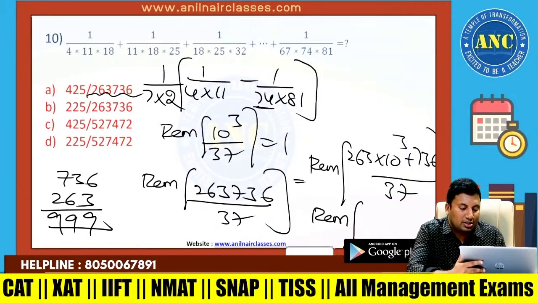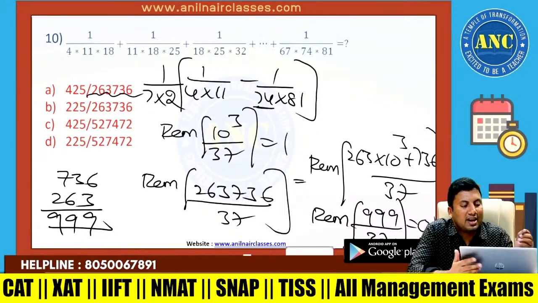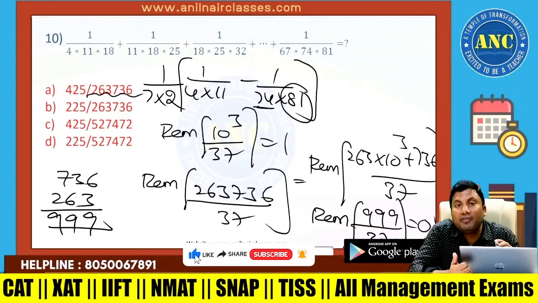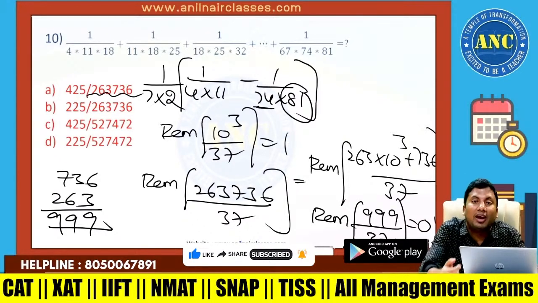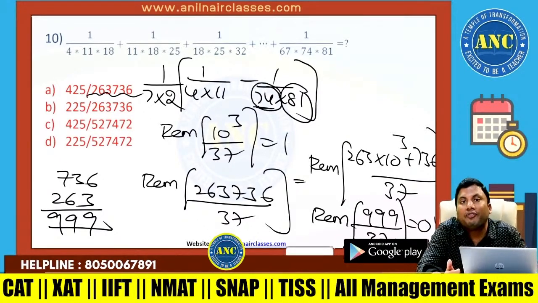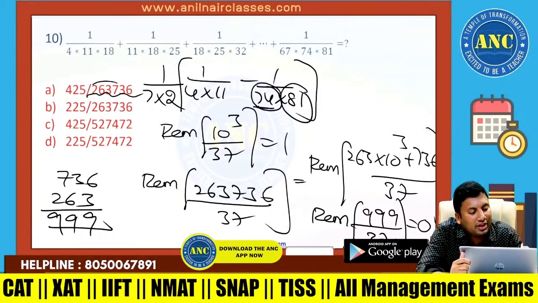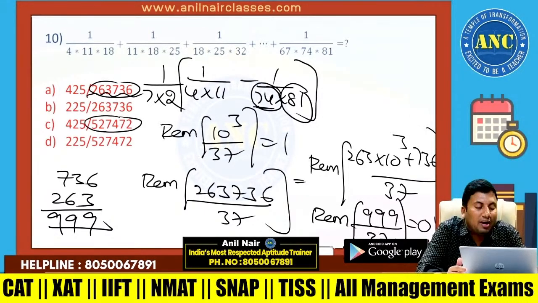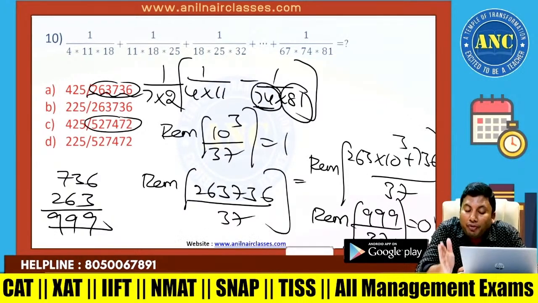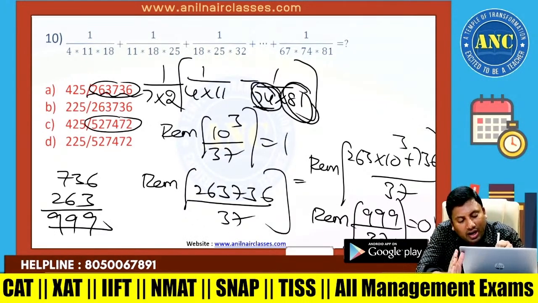So 999 is nothing but 37 27s. That means for 81, it is 9 squared, and the answer should be divisible by 9. If it is not working because there are 3 numerical values in the denominator, you can go for the next one, 74. This is divisible; obviously this is nothing but the next multiple of 736. That means if you are stuck with this, you can go ahead and check with this.